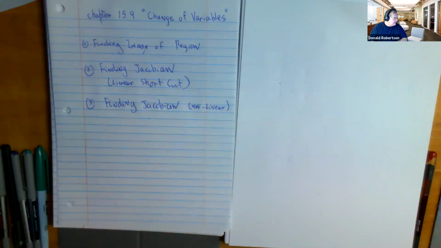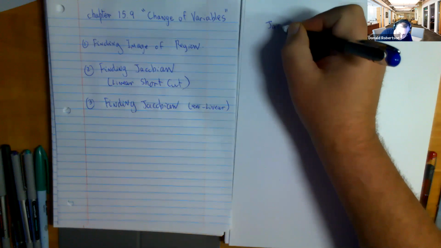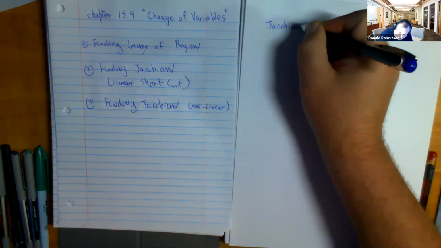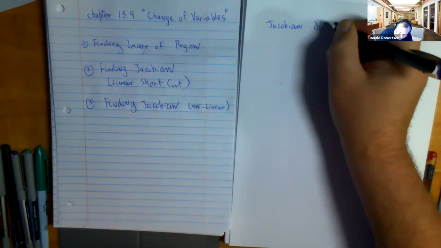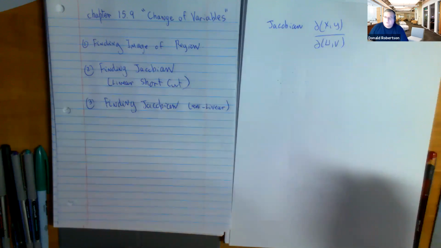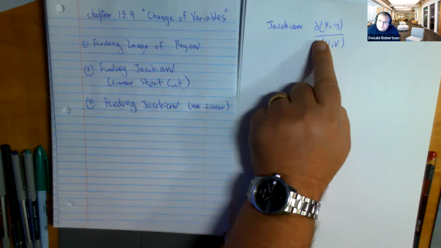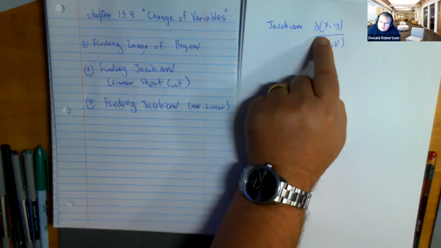So we're now going to find a guy called a Jacobian. I'll show you how they're written down. It's a kind of weird notation, but if you look at it, it kind of looks like 2-dimensional differentiation.